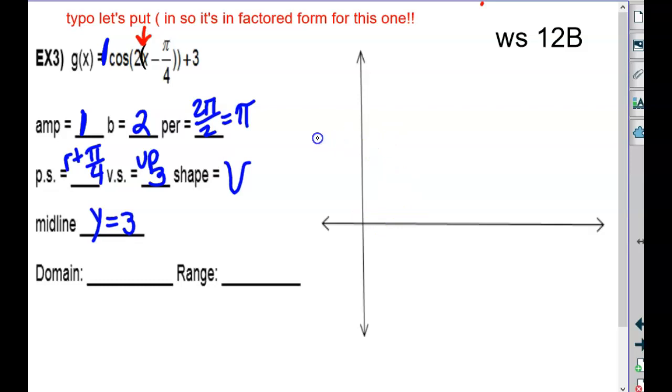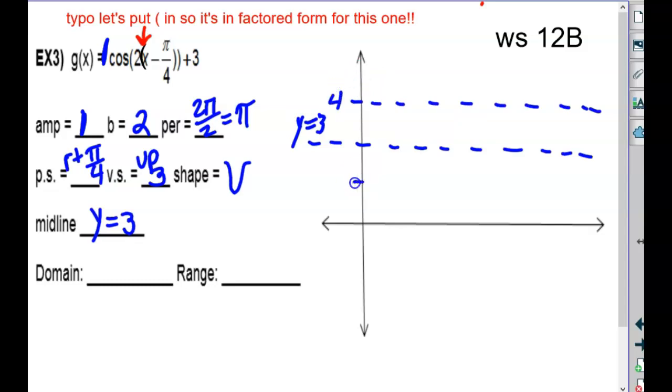Okay, I'm going to draw the midline at 3. You can certainly rename your midline if you want. And it goes 1 above and 1 below that. So can we do the range already in the domain? What's the range, guys?